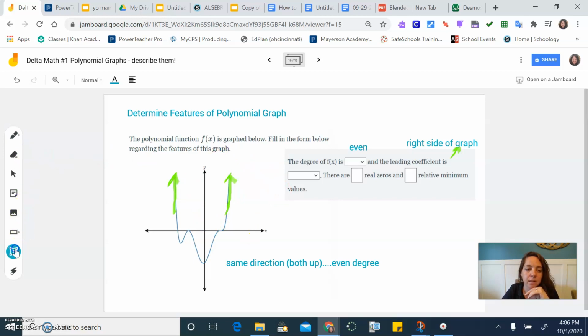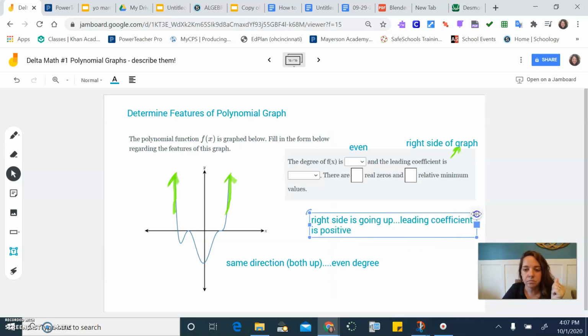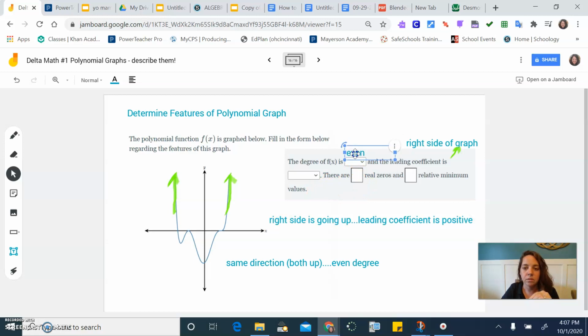So since the right side of the graph is going up, the leading coefficient must be positive. So let's see, that guy would be even, and this guy would be positive.